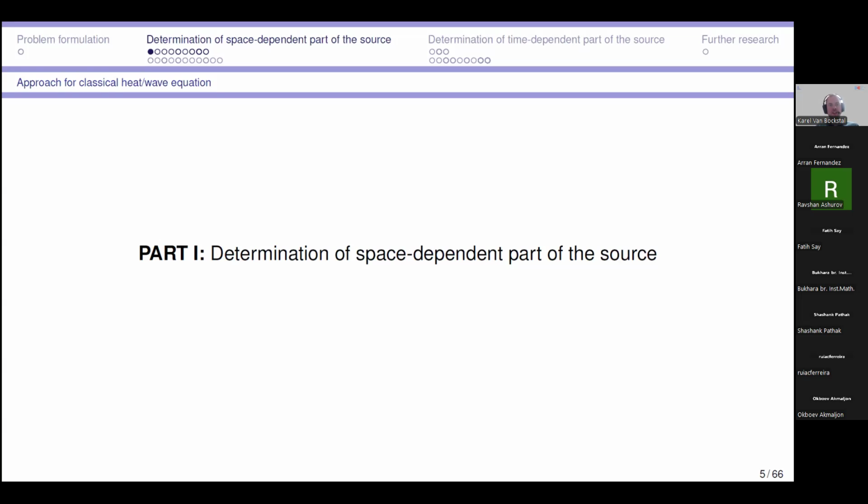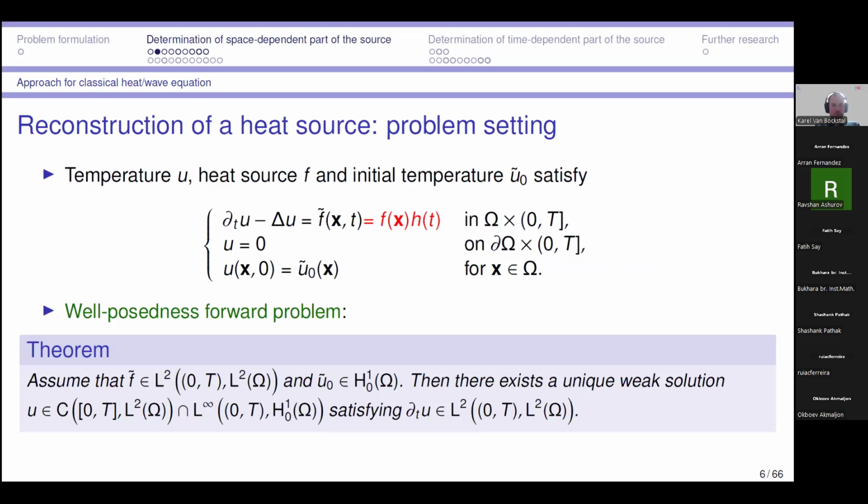The main point here is to explain the energy estimate approach, and then I will show how this approach can be adapted to fractional diffusion equations. In this part, I will also discuss a fractional wave equation. So this is a problem for the heat equation, with a first order time derivative with respect to the temperature.